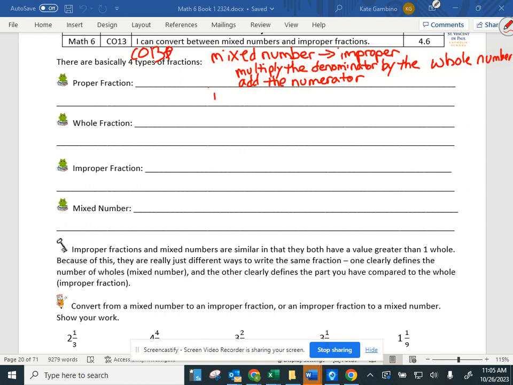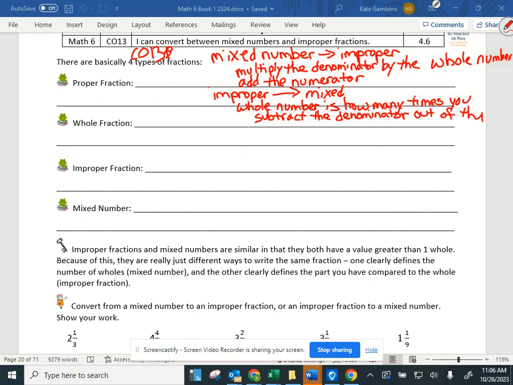To go from improper to mixed, your whole number is how many times you subtract the denominator out of the numerator.